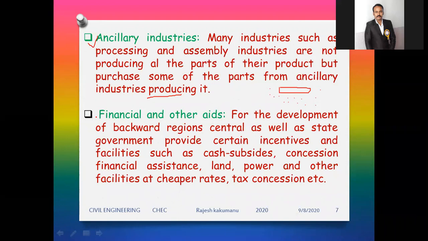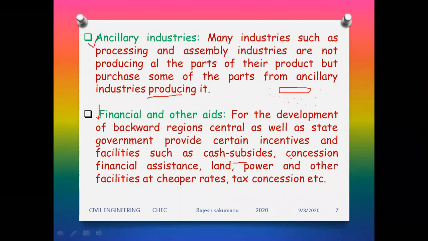Next, financial and other aids. For the development of backward regions, the central as well as state governments provide certain incentives and facilities such as cash subsidies, concessions, power and other factory facilities at cheaper rates, tax concessions, etc. As we said earlier, whenever you require the assistance of the government, through central government or state government bodies, they will choose some area that is called a special economic zone, SEZ.